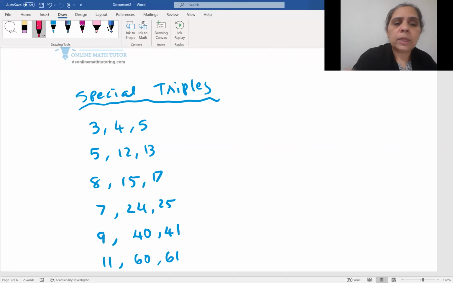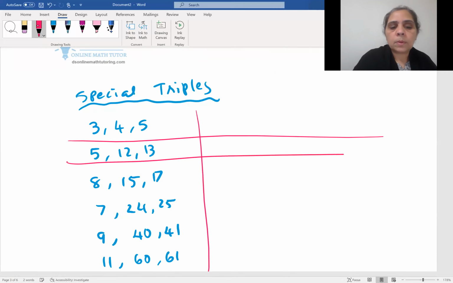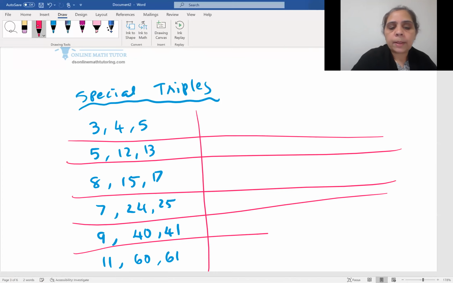Now another thing you can do is make plenty of these. Let's say I multiply by any constant. So multiply by 2, multiply by 2, multiply by 2.